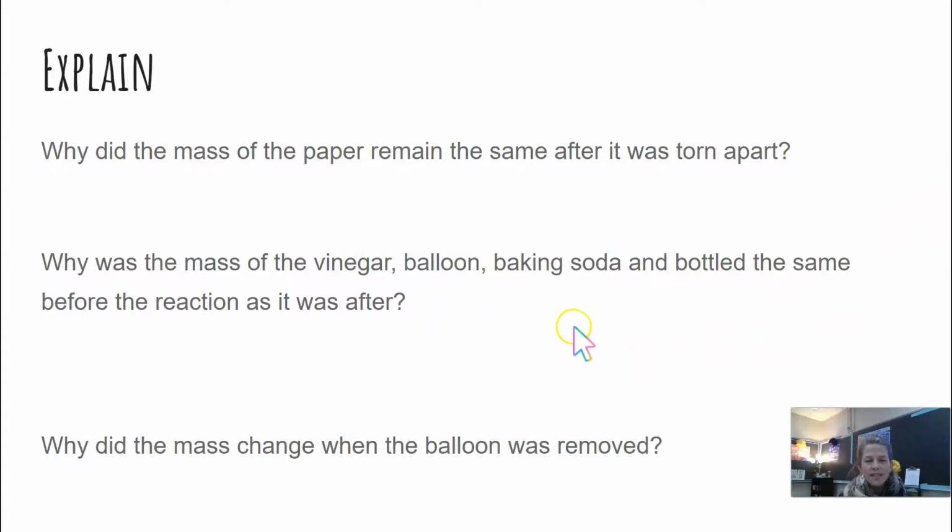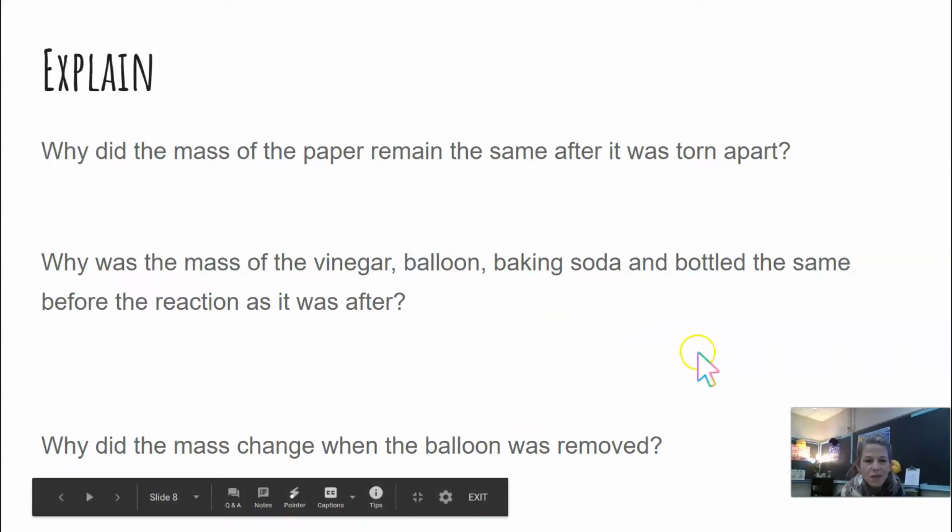Why was the mass of the vinegar, balloon, baking soda, and the bottle the same before the reaction as it was after? So when that air was still in the balloon, why was it the same as it was before the reaction happened? And the very final question that I would like you to discuss is, why did the mass change when the balloon was removed?